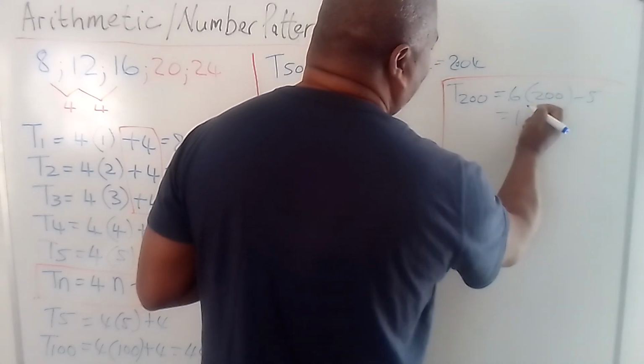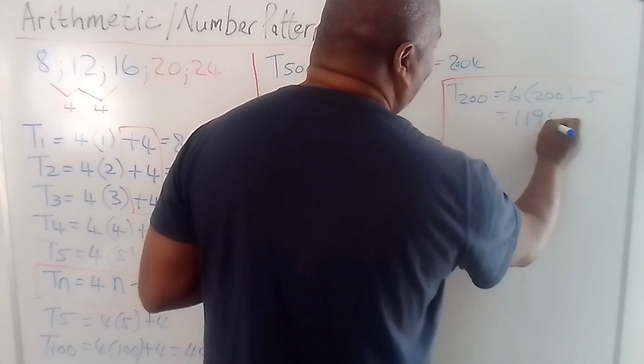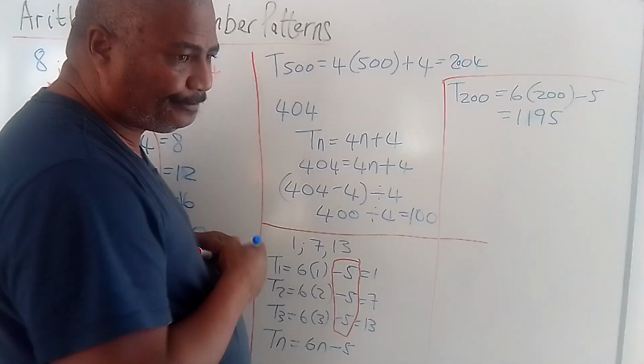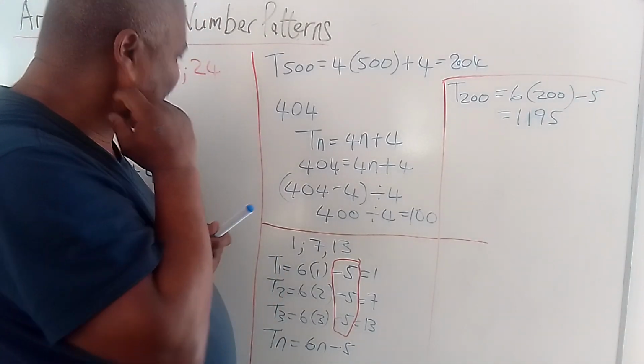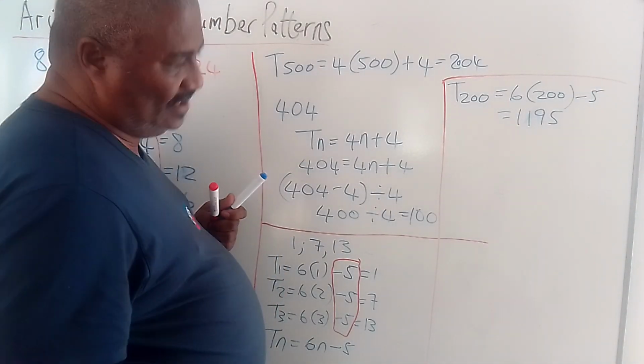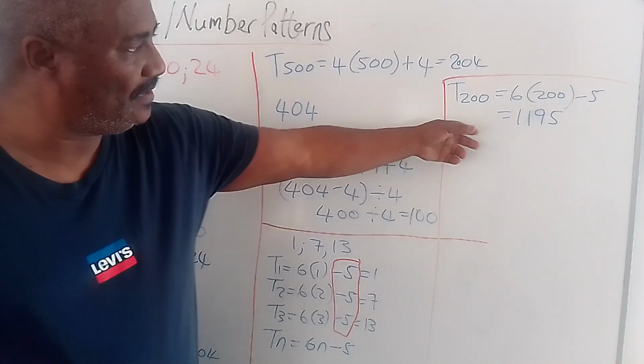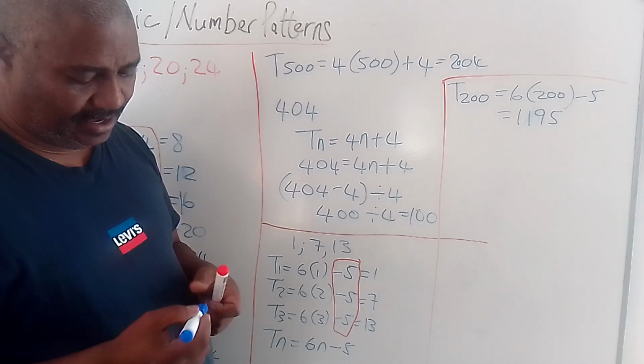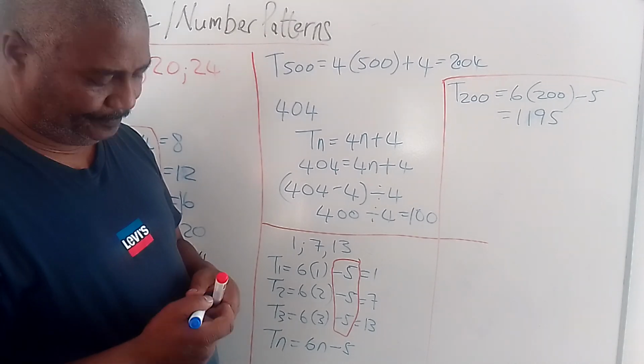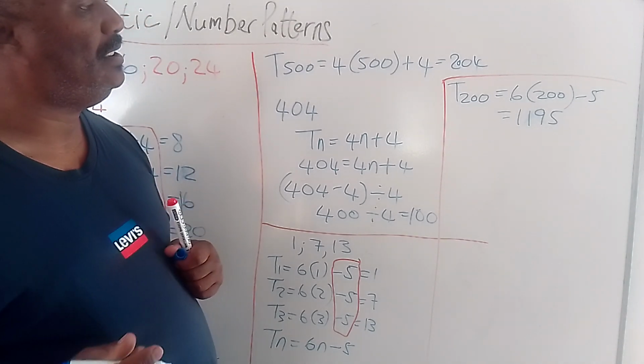Okay, let's get another one again. We want the nth term from the example here. We have, let's see, 5,995.